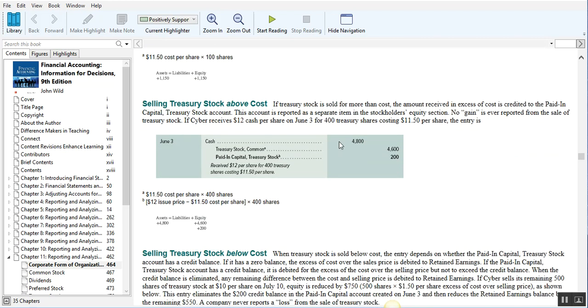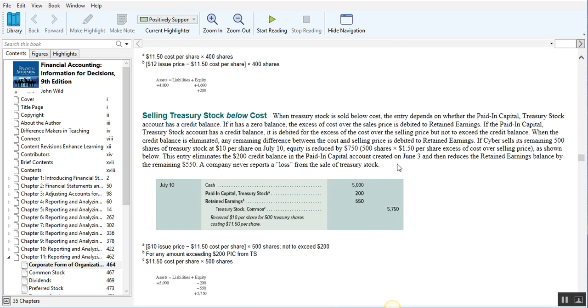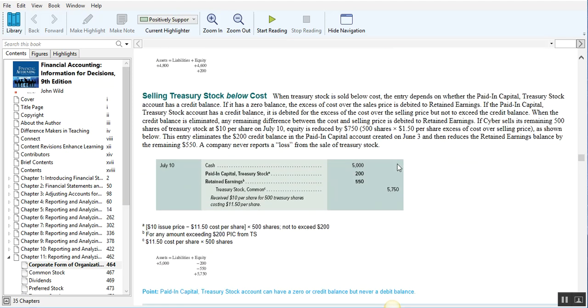So if you sell it above cost, which is hopeful, that's what you want to do, you take the cash in for whatever shares of stock you had. The treasury stock common is going to be shown at the value that you paid for it the first time, the $11.50 a share, but you receive $12 a share now, so you're getting an extra $200 on those shares. So you show that as paid in capital. It is possible to sell it below cost.